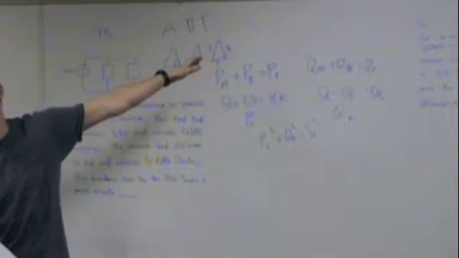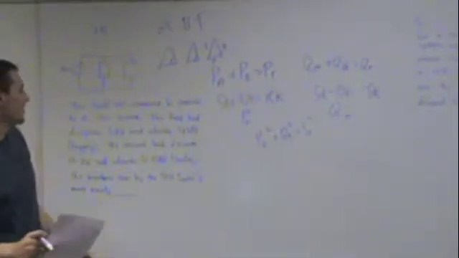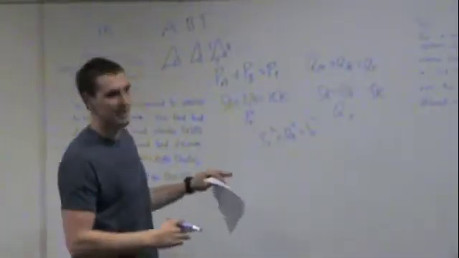So we're looking for S. This is 15 squared, which is 225, and this is 5 squared, which is 25, so S equals the square root of 250, which equals 5 square root of 10.